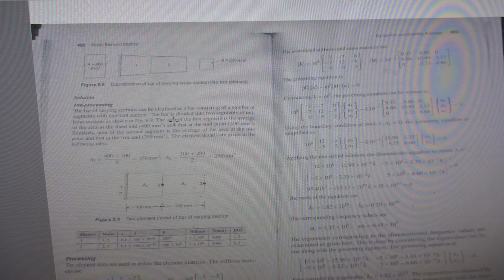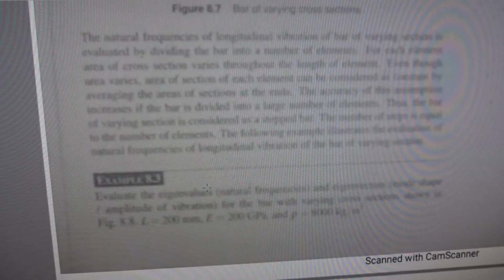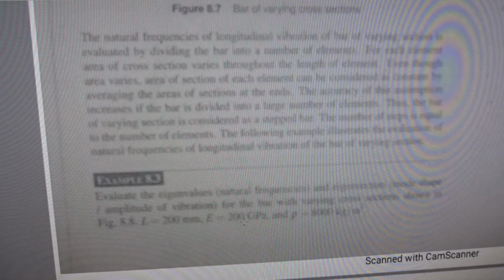In the question given, the total length is 200. Areas A1 and A3 are given in the question. E is equal to 200 gigapascal and rho is equal to 80,000 kg per meter cube, and area A is equal to 400 mm square.